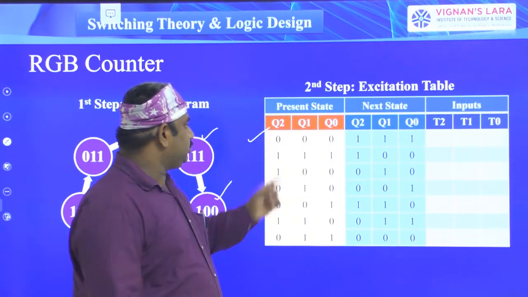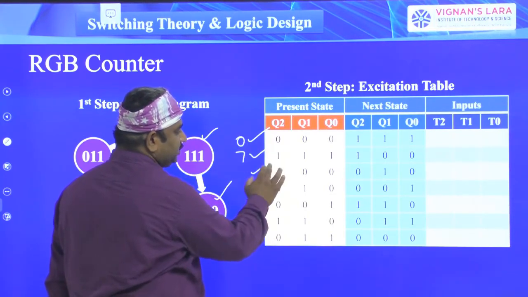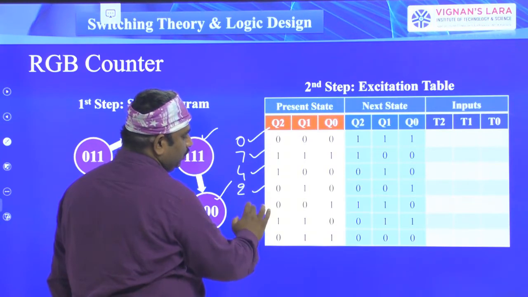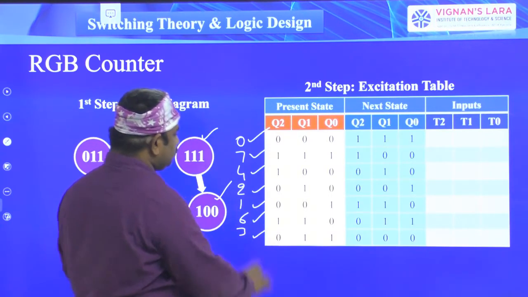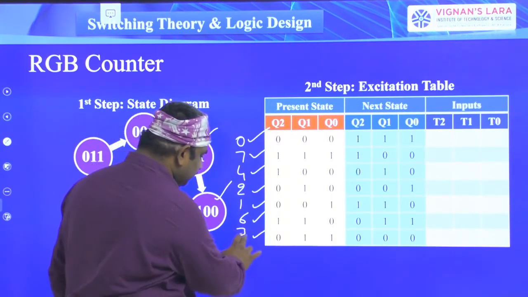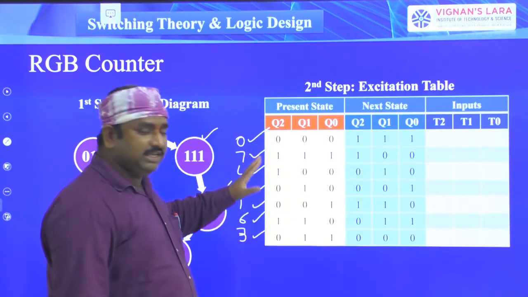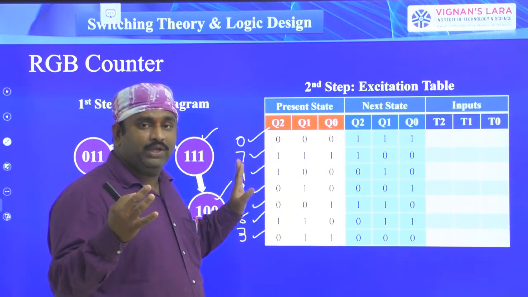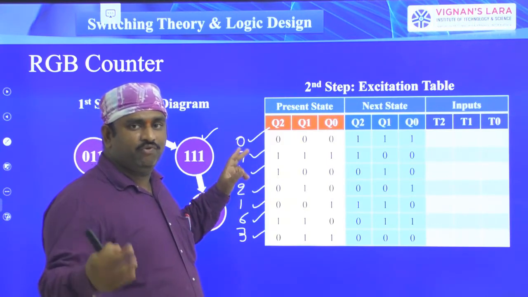See here, the first one is 0. Next, the second one is 7. Next one 4, next one 2, next one 1, next one 6, next one 3. So 0, 7, 4, 2, 1, 6, 3. These are the states available. See here, by using 3 bits, we can write a maximum of 8 possible combinations: 0, 1, 2, 3, 4, 5, 6, 7.